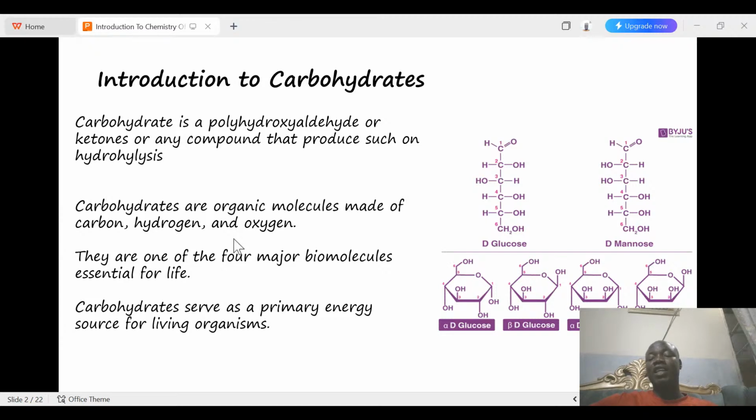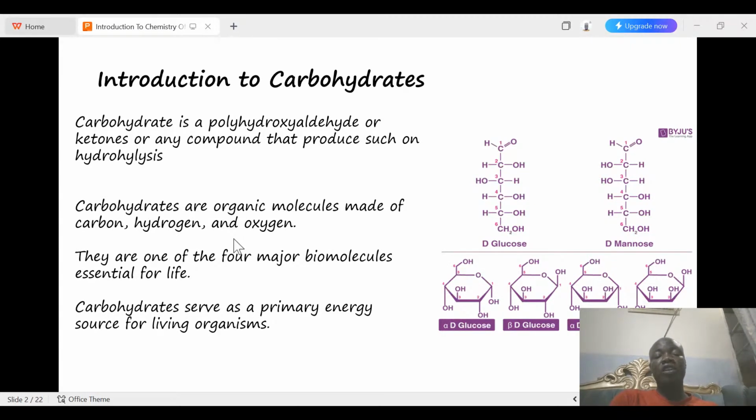Basically, ladies and gentlemen, there are only two functional groups that are usually found in carbohydrate, and you shouldn't forget about them in any way. That is like the signature of carbohydrate.